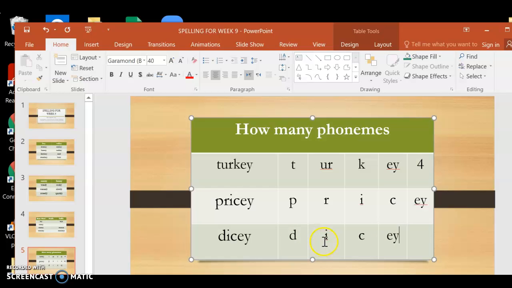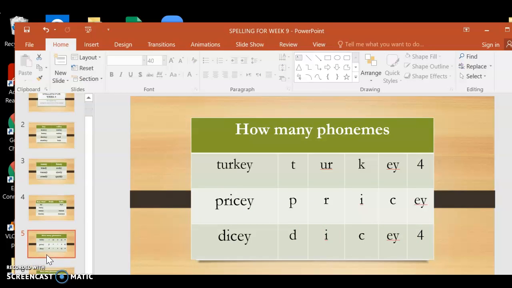D, I, s, e. 4 phonemes. Okay, so that's turkey, that's got 4 phonemes and 2 digraphs. Pricey has 5 phonemes and 1 digraph. Dicey has 4 phonemes and 1 digraph. So we need to practice, keep on practicing, breaking it down.